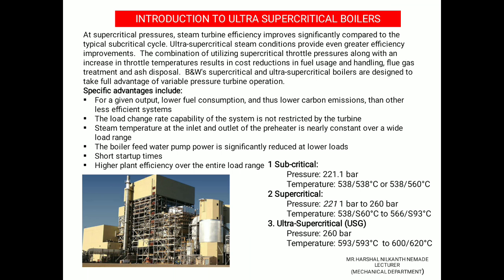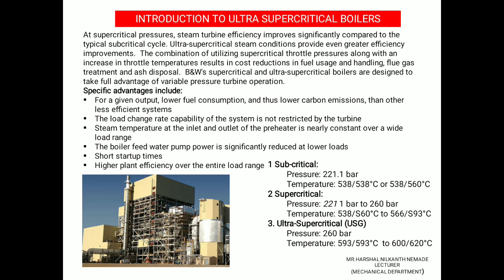We will see some ranges. For subcritical, the pressure is 221.1 bar and the temperature is 538 degrees Celsius or 538 to 560 degrees Celsius. First one was subcritical. Now we will see supercritical.